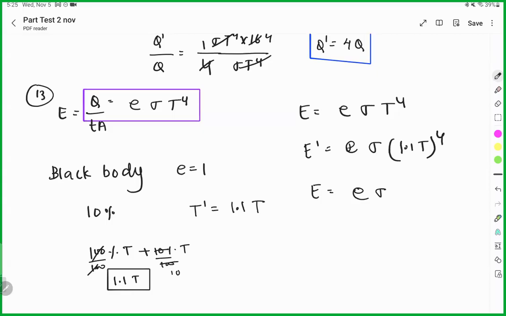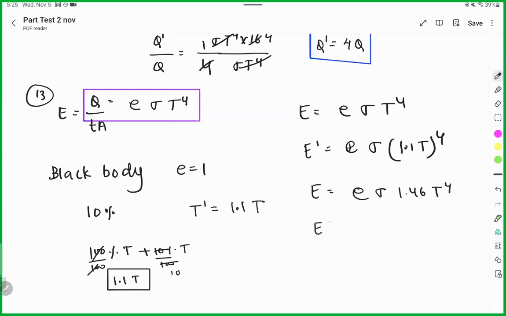What is the answer? 1.46. Okay, so this is 1.46 T raised to power 4.